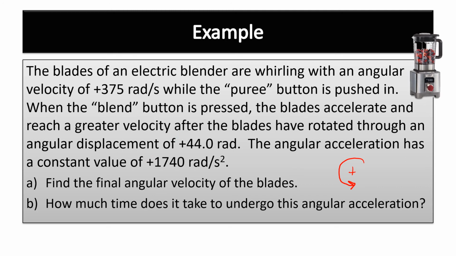That means not only is your initial angular velocity positive, but since you're speeding up, the acceleration is positive as well, and they tell you this. So it's all good. And then we know we're going to get a greater final velocity in the positive direction. All right, let's do the GUESS method.